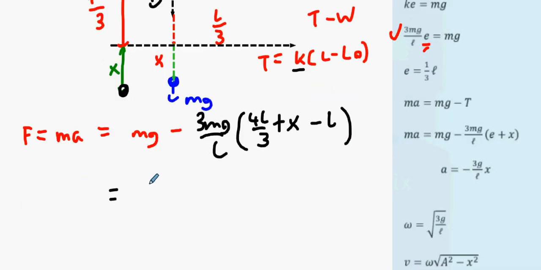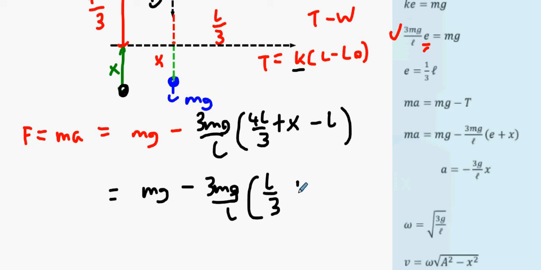What always has to happen when you do this? What generally happens is, remember we said a equals minus omega squared x. You're only allowed one thing, and it must have x as a variable with a coefficient in front of it. There can't be anything else.